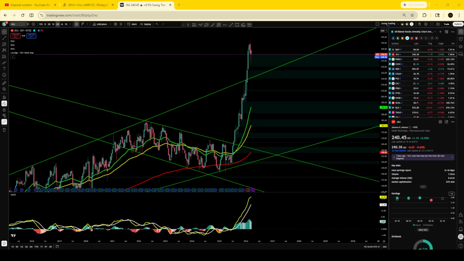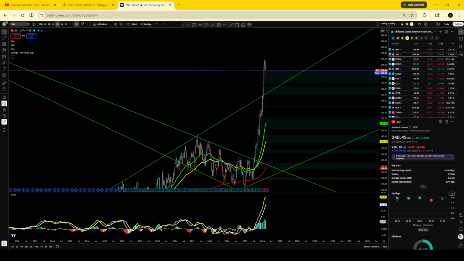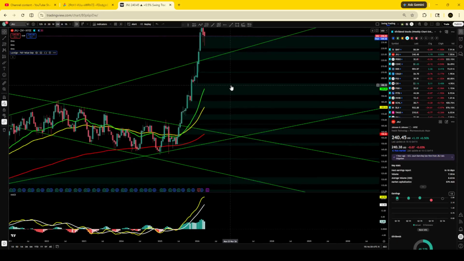All right, so let's look at some support on the chart. I have an indicator. Let's just turn this indicator off.